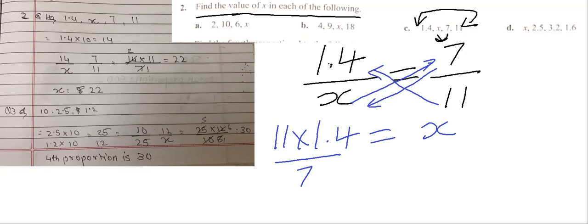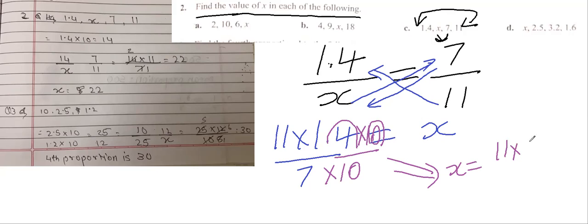Now this decimal point is there. I want to remove this decimal point. So what I'll do, I'm going to multiply by 10 in numerator and multiply by 10 in denominator. So this decimal point will come here. Ultimately, the value of x will be 11 into 14 divided by 7 into 10.